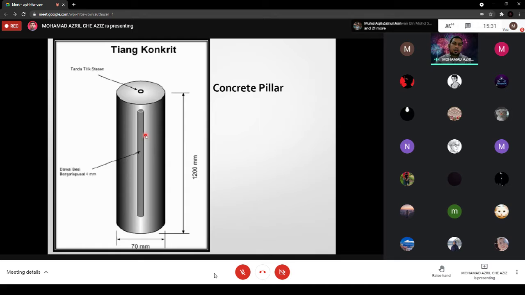This is why they have the iron wire, in order to make the concrete stone and concrete pillar can be maintained for a long time. If there is construction, at least it can be maintained in the right place.